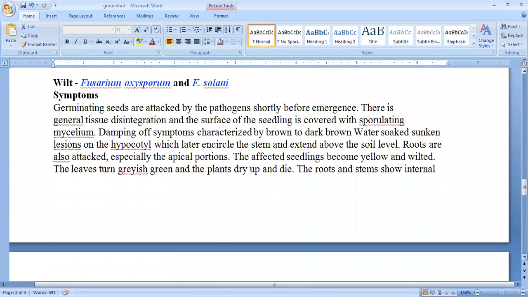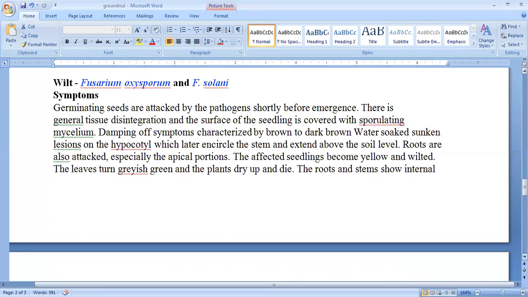Now, another disease which we have is wilt. It's a minor disease, and the germinating seeds are attacked by the Fusarium fungus, causing pre-emergence rot. There is tissue disintegration, and the sporulating mycelium often covers the seedling.